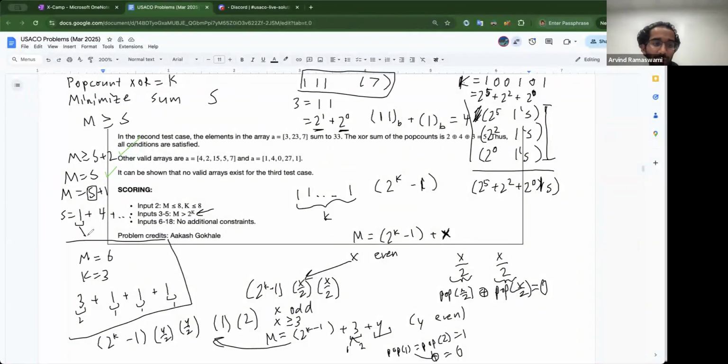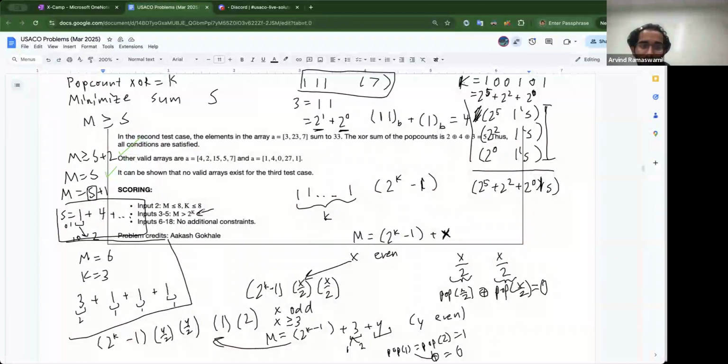We can just change this 1 to a 2, and it doesn't change the pop counts, because you're just changing the binary from 01 to 10. So the pop count XOR doesn't change, but the sum increases by 1. So this is possible in the case where M is equal to S plus 1, whenever S has a 1 term in its sum. So that's the solution for this problem.